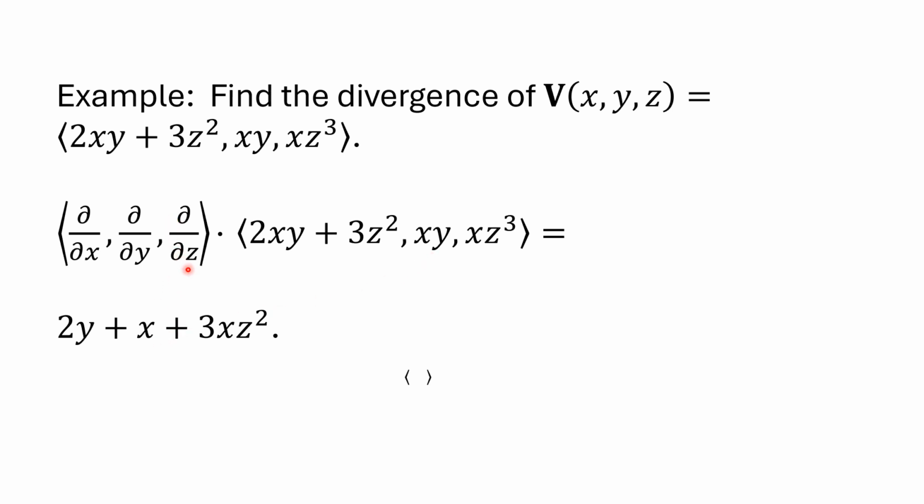And the partial with respect to z, operating on the z component, is going to give me 3xz squared. So this would be my divergence. It will be a scalar, and it will represent how fast the field is changing, and you can see it in the various variables.